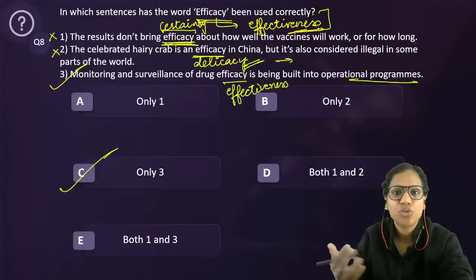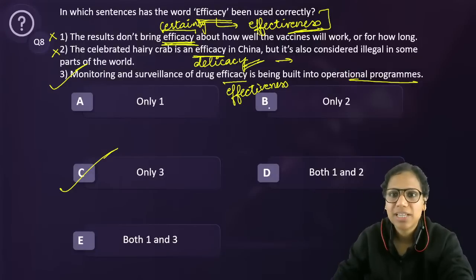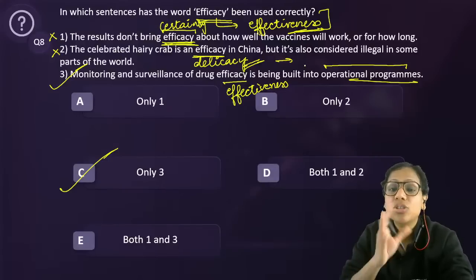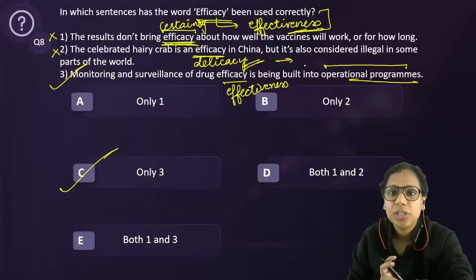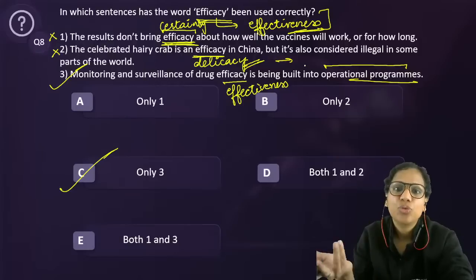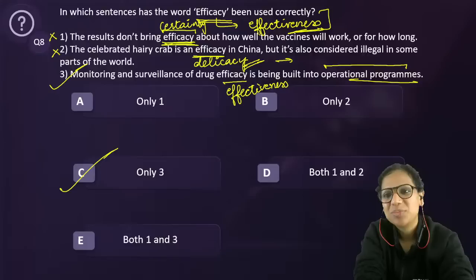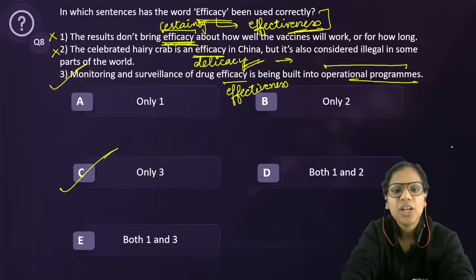So let's say in some programs related to COVID vaccines, in their operations, we are also monitoring how effective they are proving to be for various people on whom they have been administered. So C is the only possible answer here. Not A, not E. Hope this is clear.